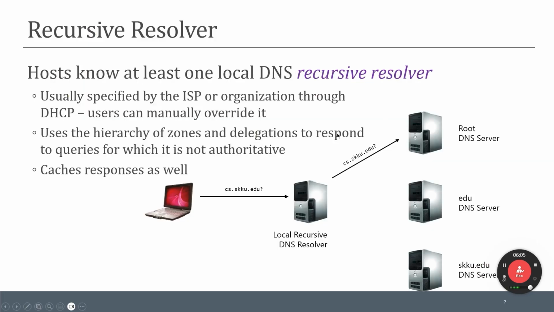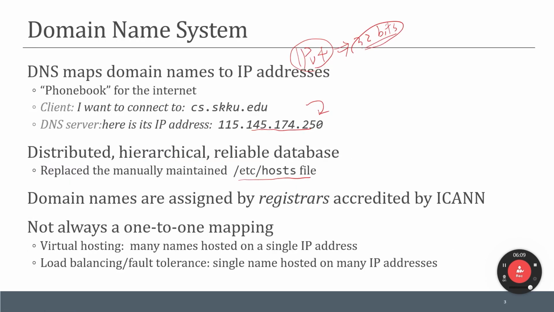So let's go back. Now, where are these domain names managed? These domain names are assigned by registrars and accredited by ICANN. So this is the organization that manages IP addresses.